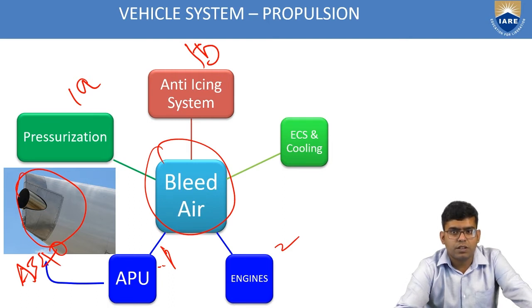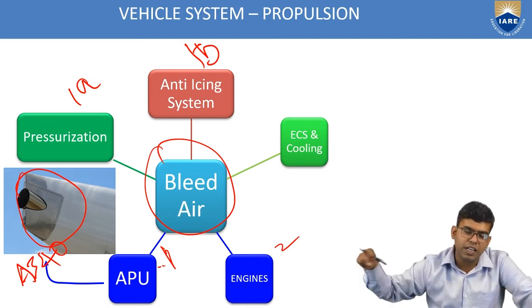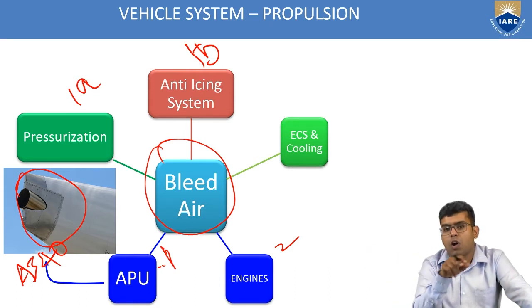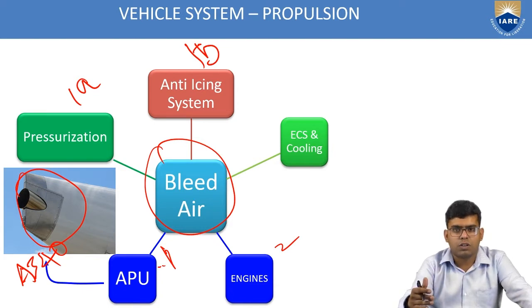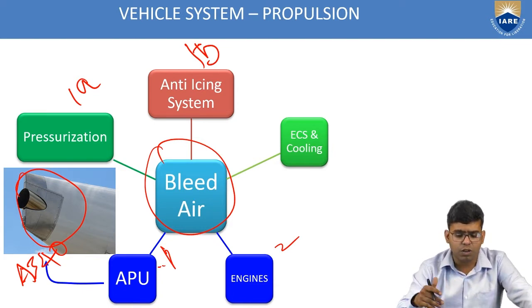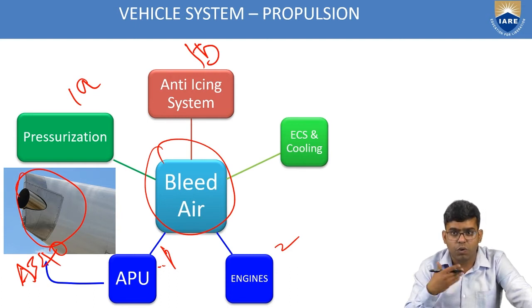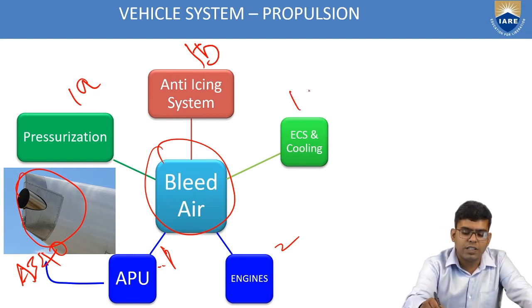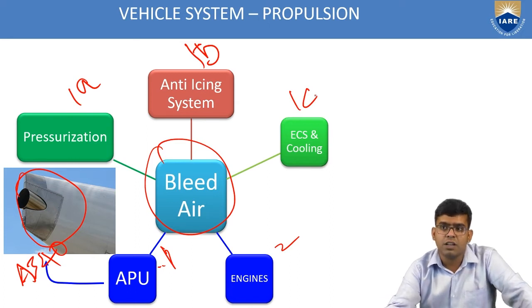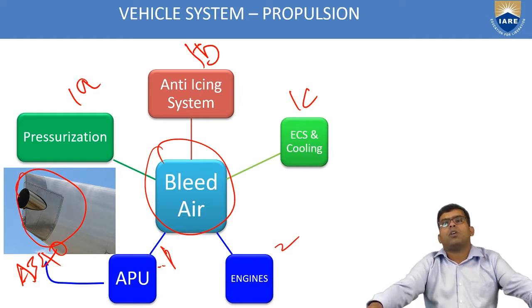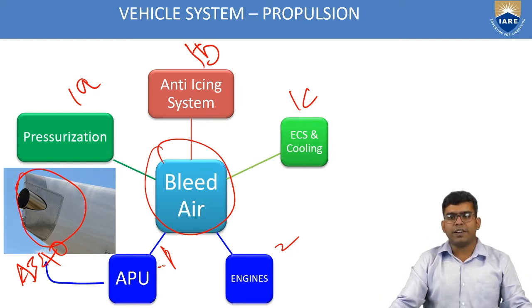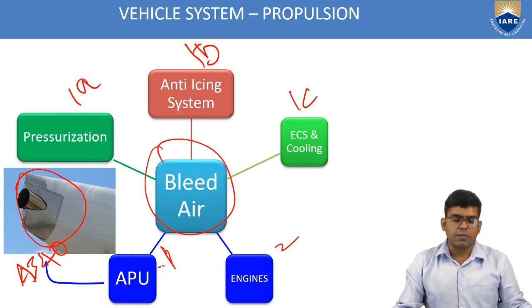The anti-icing system is a system of pipelines in the leading edge of an aircraft, where you pass hot air or heated hydraulic fluids to remove the ice, which can perturb the suction of flow or the formation of boundary layers needed for good lift and flow characteristics of an aircraft wing. And 1C is ECS, the environmental control system, for cooling of the cabin. So we have seen three different uses of bleed air: pressurization, anti-icing system, and ECS and cooling.